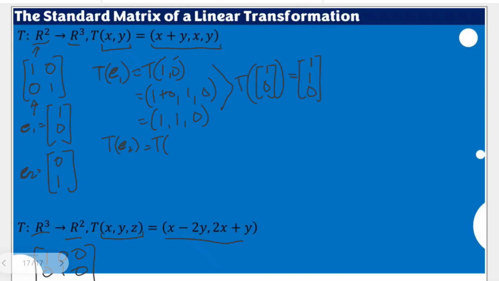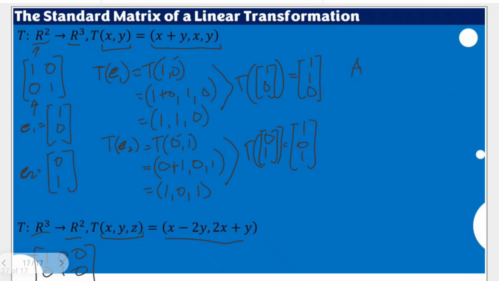Element of R3. Next, we have 0 and 1, where x is 0 and y is 1. So you'll have 0 plus 1, that's 1, and then 0 and 1 here. In short, the result is 1, 0, and 1. You could also rewrite it in this form: the linear transformation of 0, 1 is equal to 1, 0, 1.